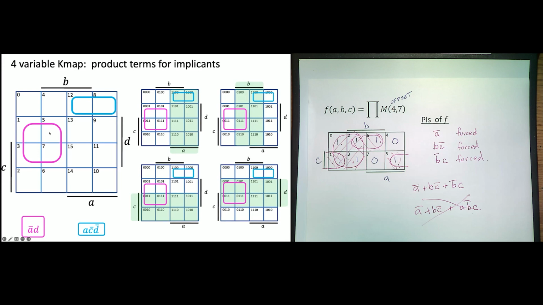I mean, you can combine them using the algebra we did before, but what you want to do is just draw it and immediately recognize that this is A bar D, right? You don't want to come up with the product terms like that. It'll take you forever.